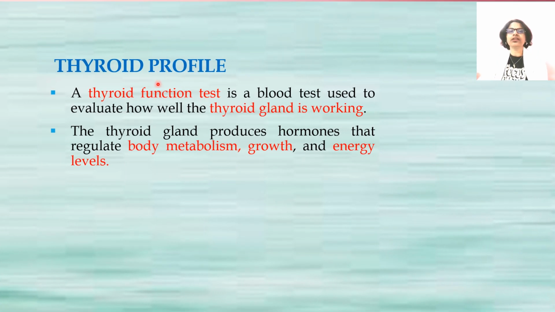Then when it comes to the thyroid profile, a thyroid function test is a blood test used to evaluate how well the thyroid gland is working. So in this thyroid profile, we need to send some investigations to note how well the thyroid gland is functioning. The thyroid gland produces hormones that regulate body metabolism, growth, and energy levels.